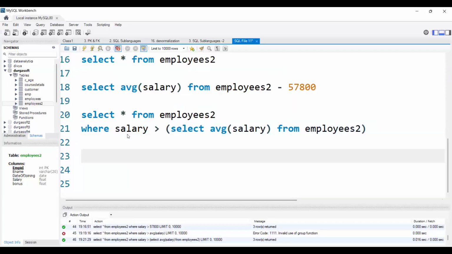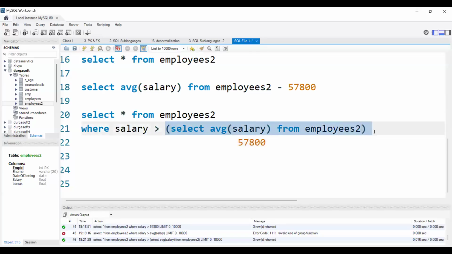See, how subqueries work: SQL will first go to the inner query and execute that one. Suppose we get some output, 57,800. That output will be given as the input to this query. That is the value I got after solving this.